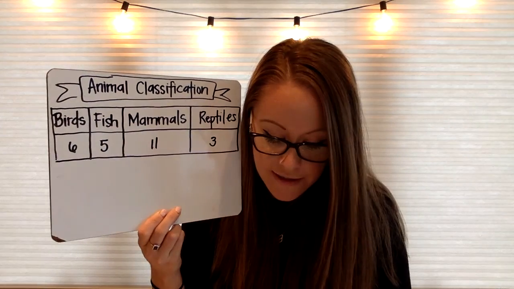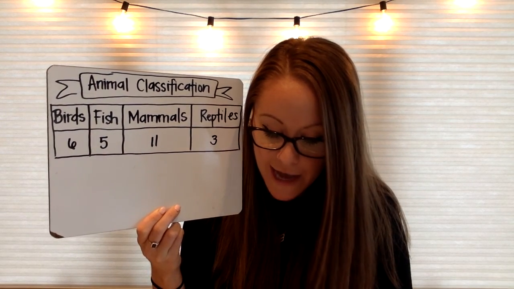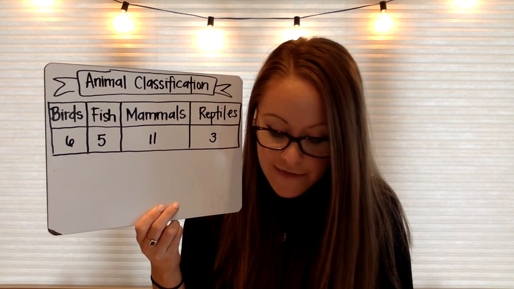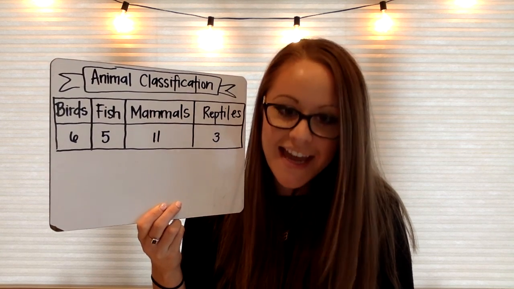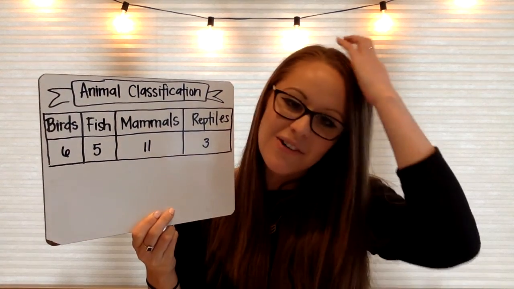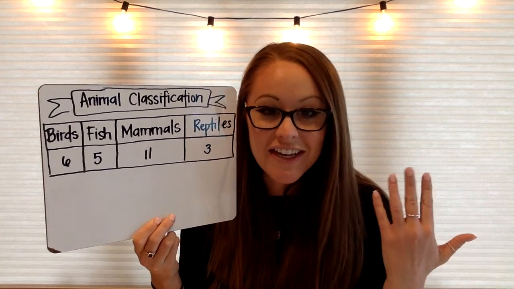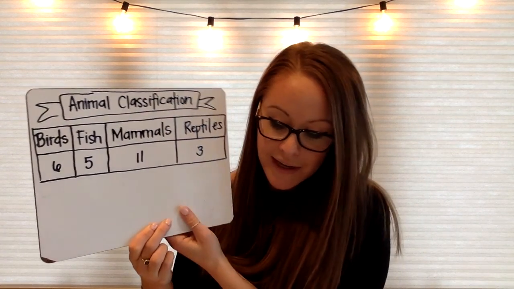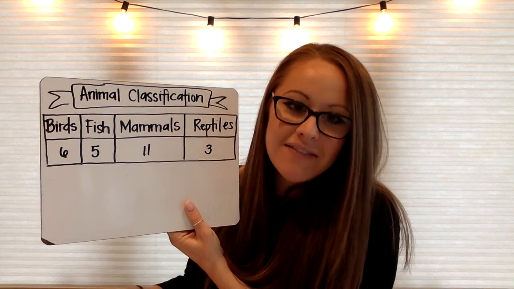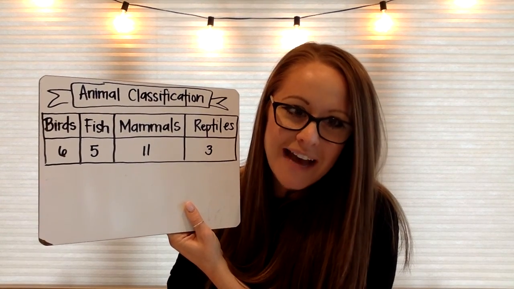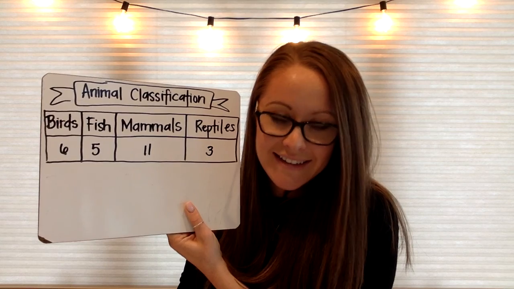Letter E says, if 5 more birds and 2 more reptiles were added to the table, how many fewer reptiles would there be than birds? Okay, so when we have all of these words like this, I like to just think of it a little bit more in my mind. So if we had 5 more birds, so instead of having 6 birds, how many birds would we have? 11, right?